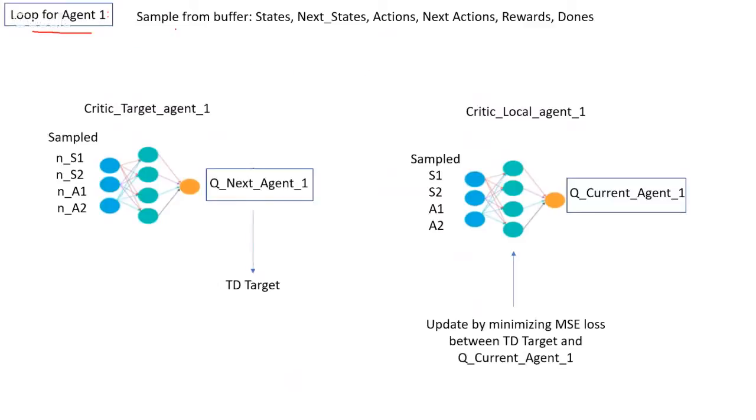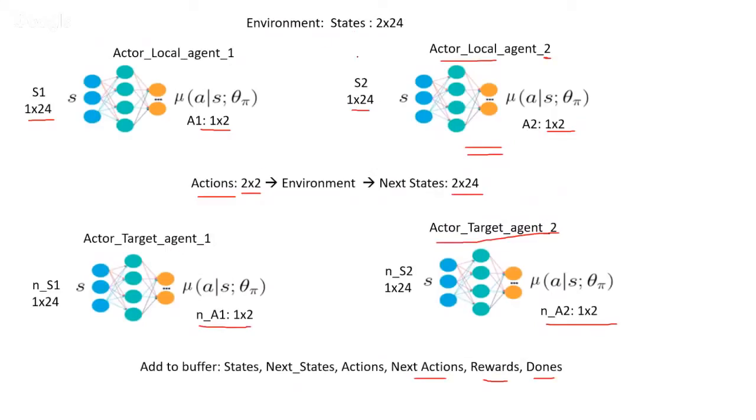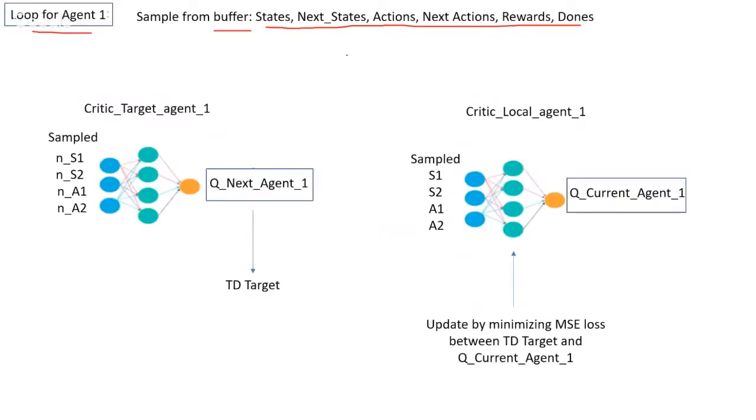So for agent 1, first of all we sample from the buffer. Depending on your batch size, you sample these tuples, and we call these experiences, if you remember from your code: states, next states, actions, next actions, rewards, and dones. Remember that since we have sampled these from the buffer, these might not be the same ones we got here, right? We are just randomly sampling from a buffer.